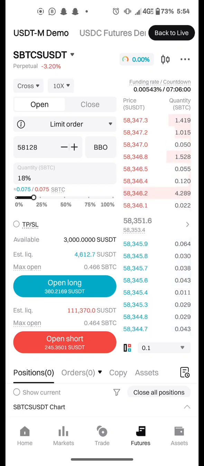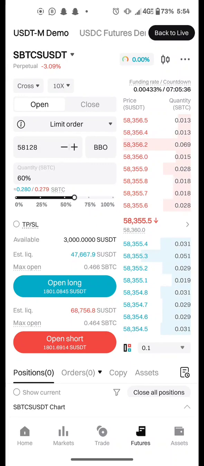If I drag this, look at open long and open short, the blue tab and the red tab. It is showing for 10% how much I am risking: 303.622. You can see both of them are the same. It is showing how much I'm risking, but because the market is moving, that's why you see the numbers changing.